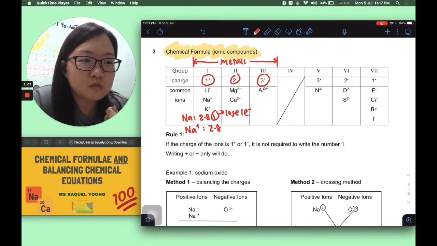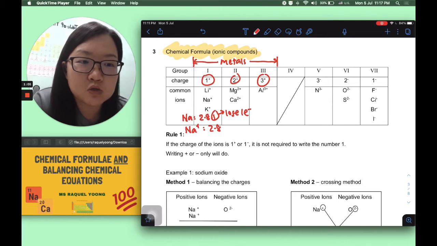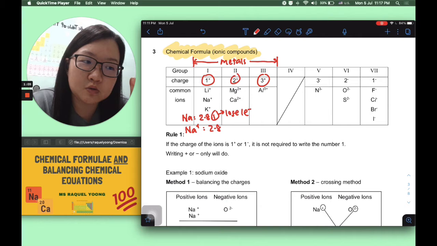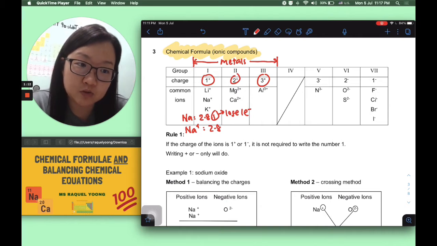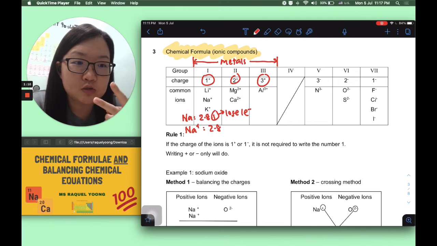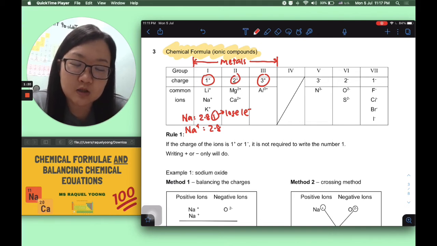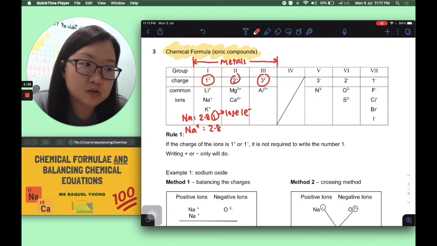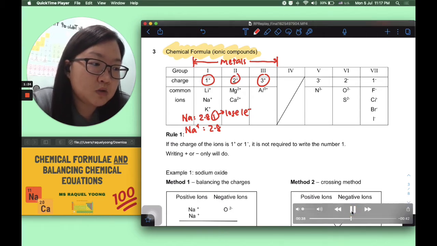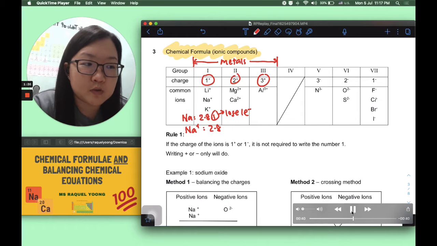The same goes for group 2 and group 3. For example, magnesium, which is after sodium, is 2.8.2. So now it will lose 2 electrons in order to form a stable octet, hence Mg2+, and so on and so forth, so Al3+.